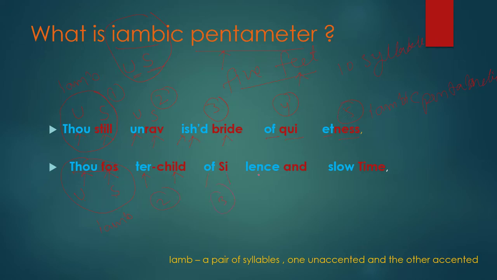Third, and slow, this is the fourth foot, and slow time, this is the fifth foot, which is an iamb. So it is an example of iambic pentameter. So in iambic pentameter, we have 5 feet, each with an unstressed and stressed syllable, which is called an iamb.